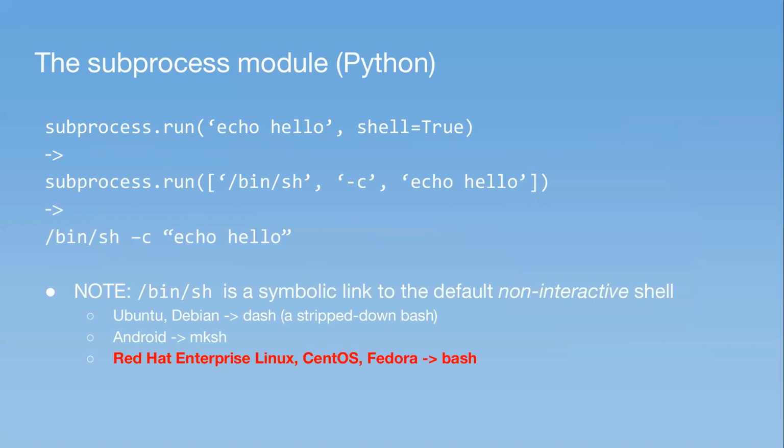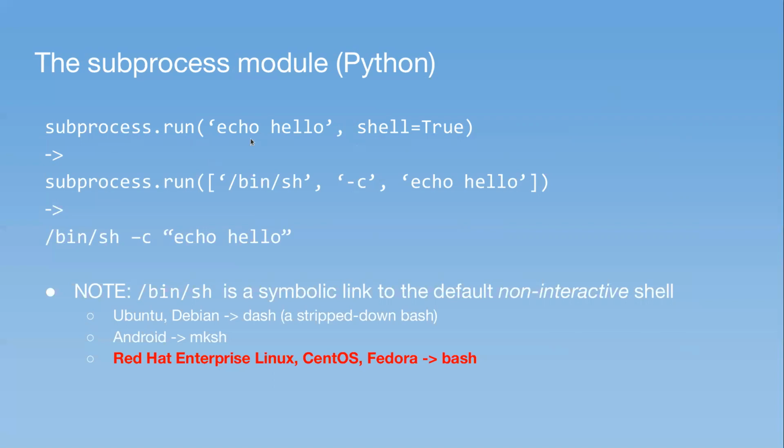just a few words on the subprocess module in Python. You may have seen a line like this before. What the subprocess module and this line in particular does is it makes a call to the system to execute a program. It creates a subprocess and it executes a program on the OS essentially.